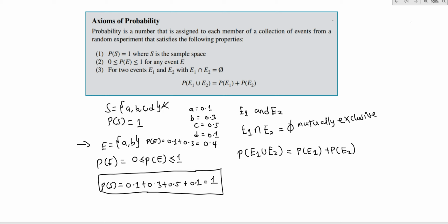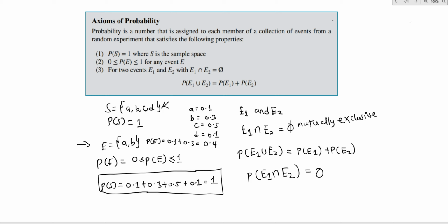Okay, and then another thing that we can deduce from this is that since two mutually exclusive events don't have any outcome in common, when we find the probability of E1 intersection E2, you are going to get 0, right?